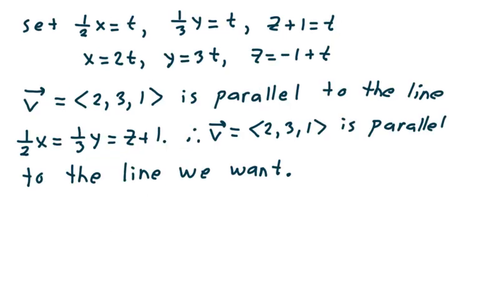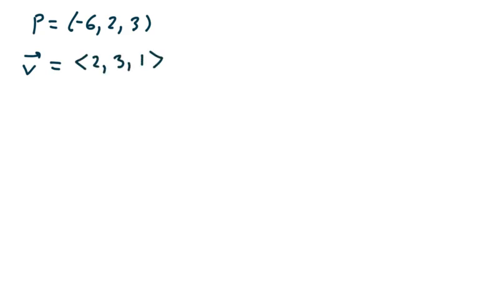So let's come over here. P is the point -6, 2, 3. And V is the vector 2, 3, 1. And we're going to express the equation of a line in 3 different ways. The first way is the vector equation.